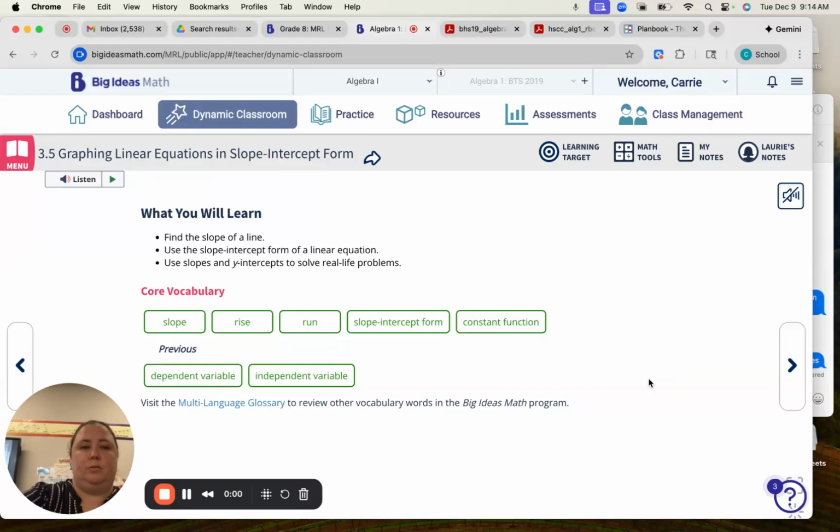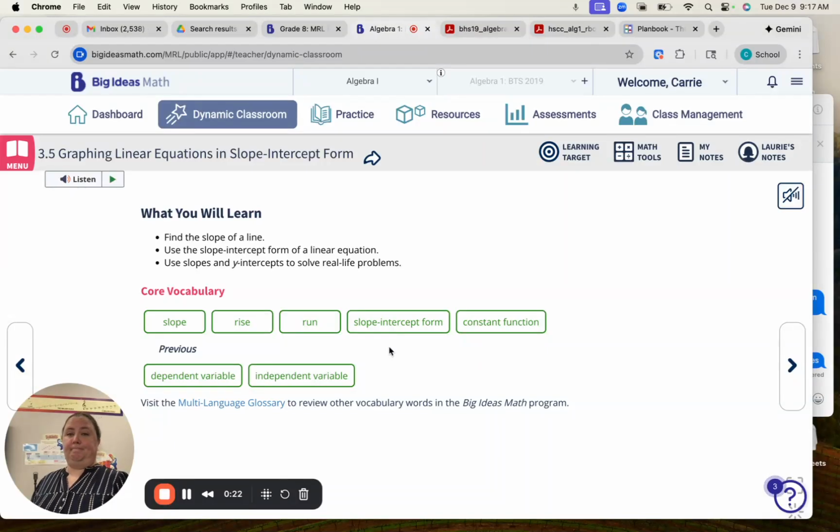All right, so algebra, this is lesson 3.5, graphing linear equations in slope-intercept form. We've already done this, so you do have some vocab words. Tell me, what is the definition of slope?